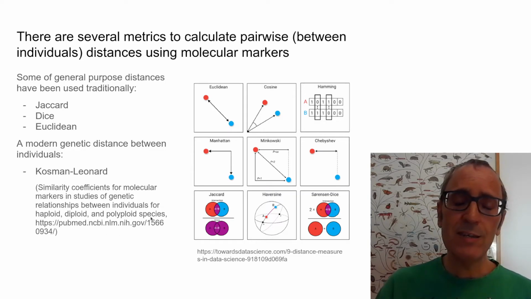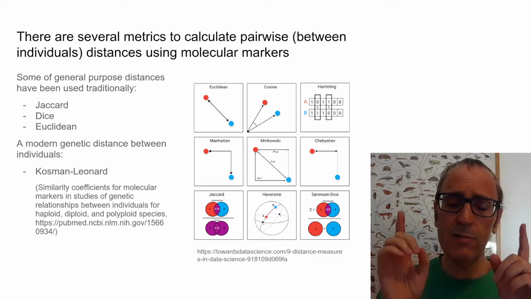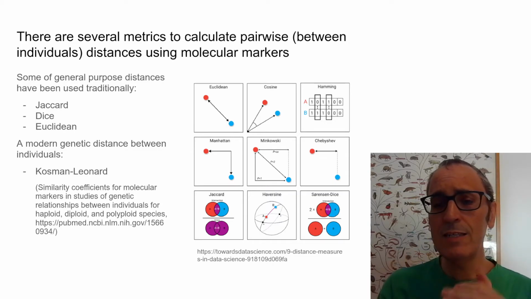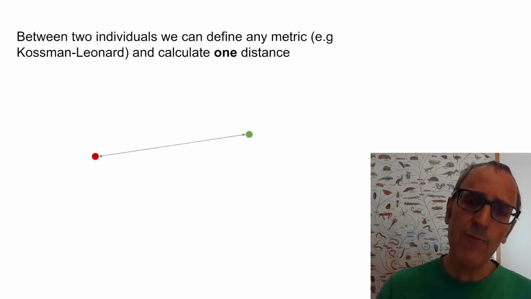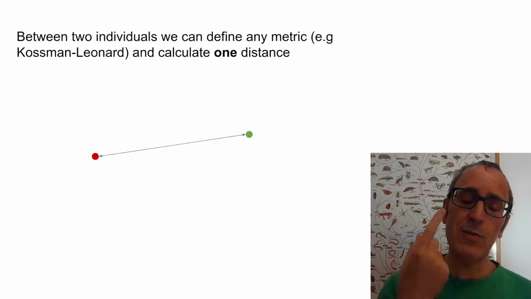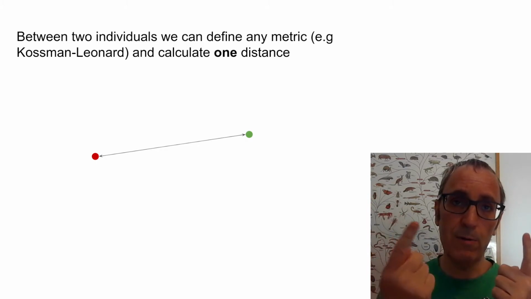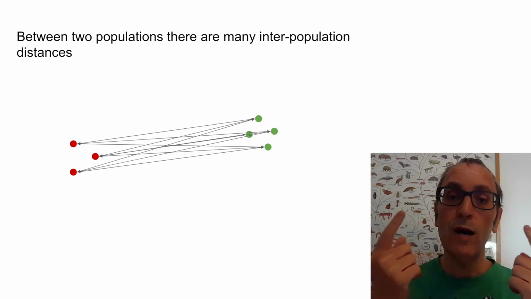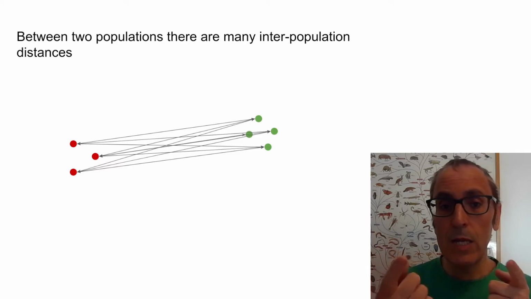I am not so interested in this case in talking about the distances between individuals, but the problem of calculating distances between populations. When you have populations, you don't have just one individual in one population and one individual in the other population, okay? You have more than one. So you have many possible distances between the populations.